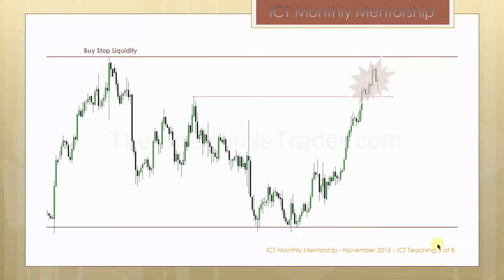Now notice what's happened here. While it was a dynamic surge through that second level buy stop liquidity, it fails to go back to that old high. This is classic price action. Now think about what we talked about earlier. We had the original point at which the price swing began, or the origin. Then we have the first area, or the first scale of that price swing in here.